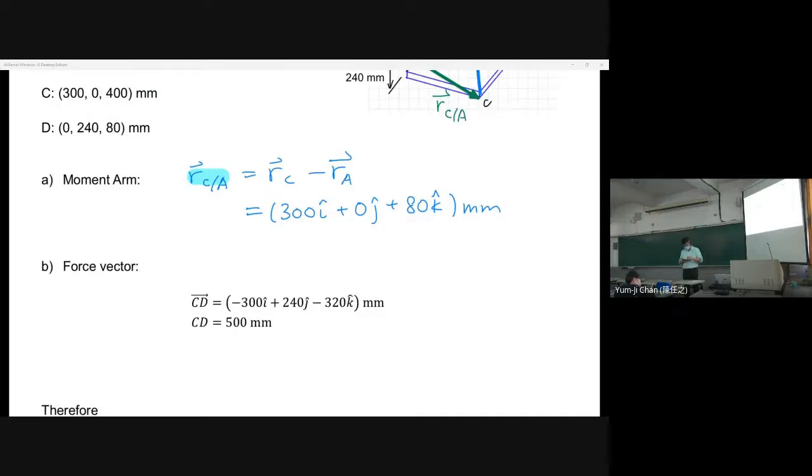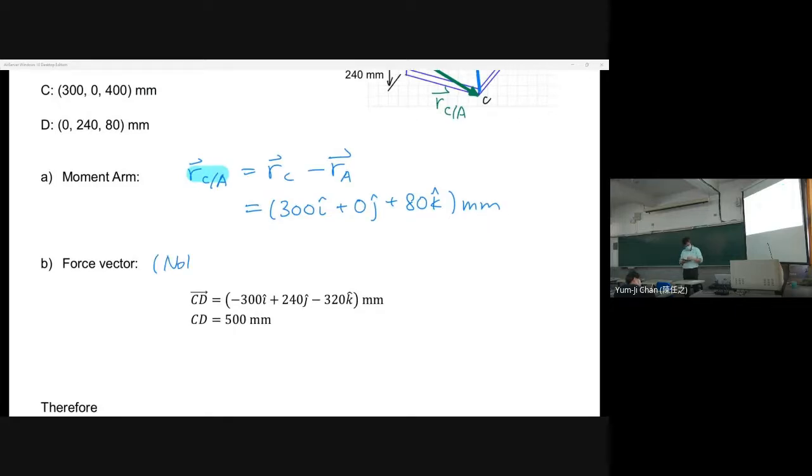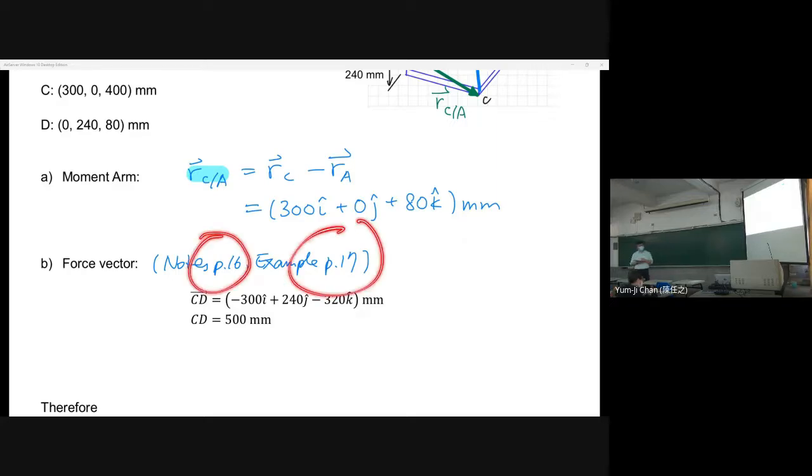We use the technique in the notes, page 16, or the example on page 17.